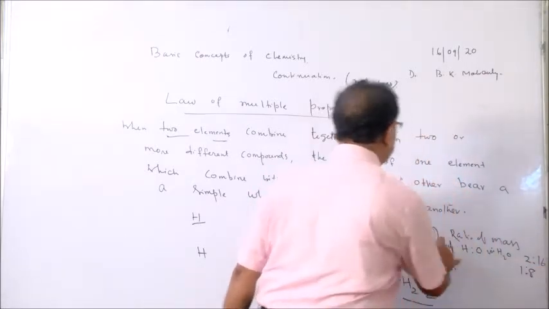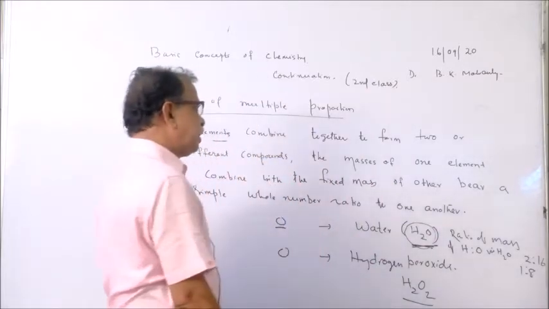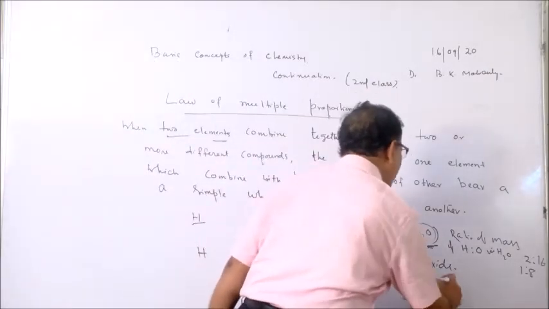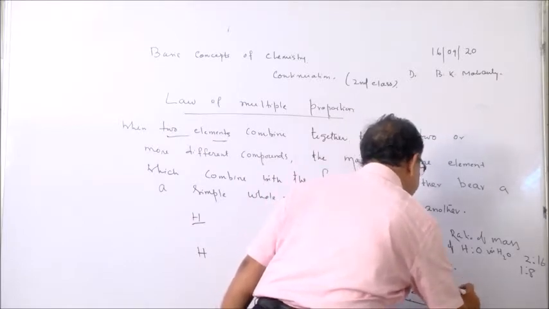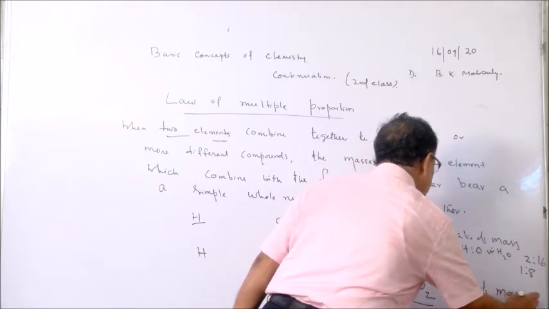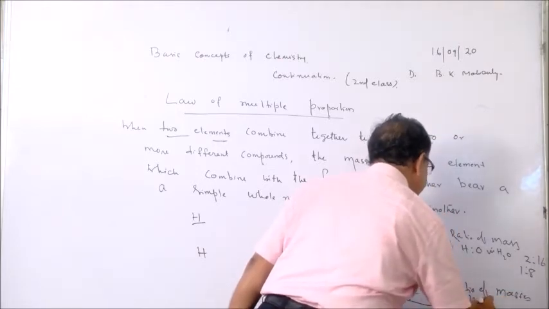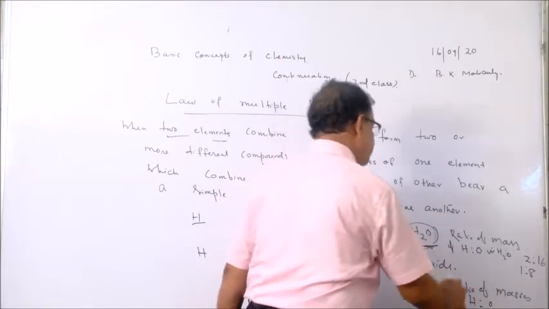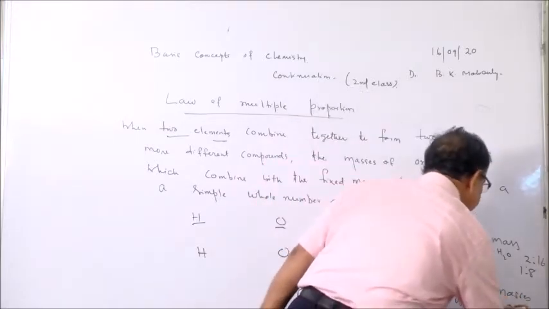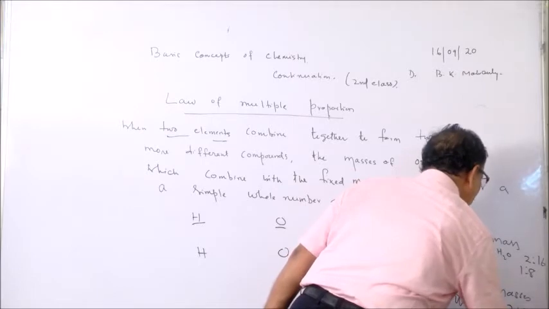In hydrogen peroxide, the ratio of masses of hydrogen and oxygen is 2 is to 32, that is 1 is to 16.